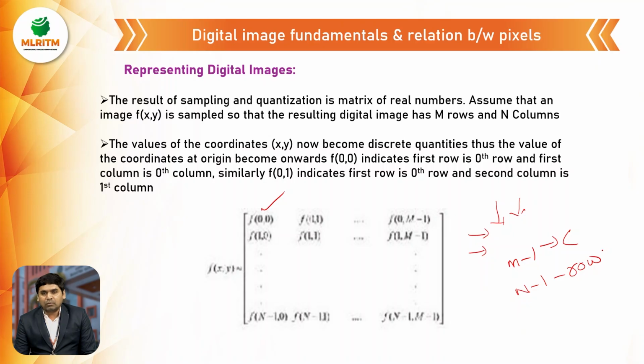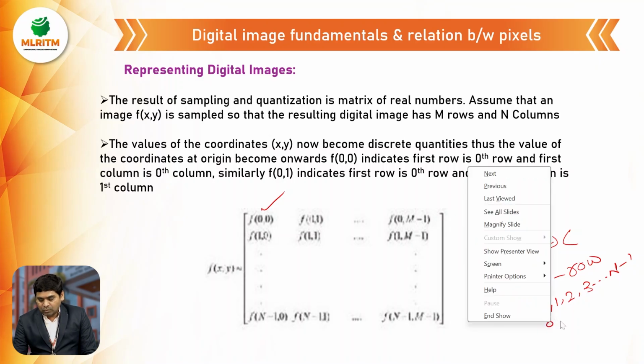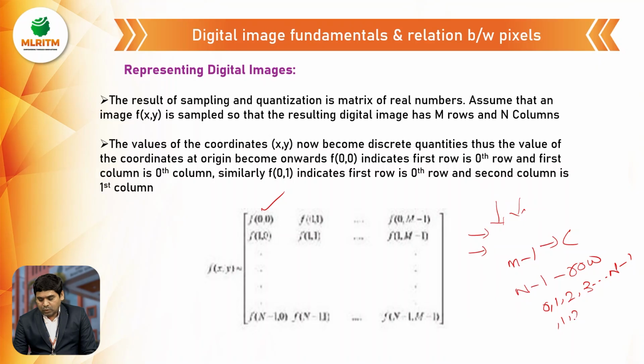In a matrix, rows start from 0, 1, 2, 3 up to n minus 1. In a similar manner, columns start from 0, 1, 2, 3 up to m minus 1.